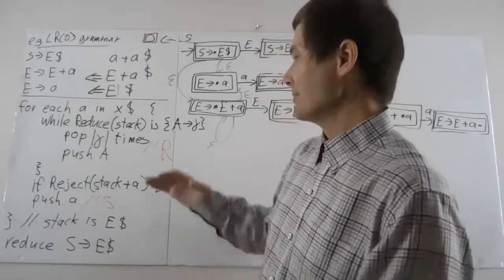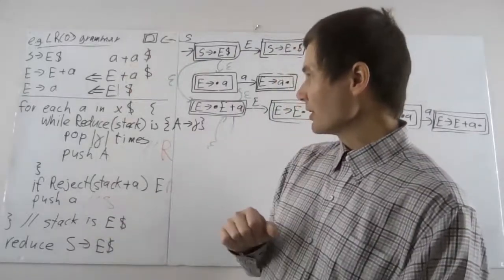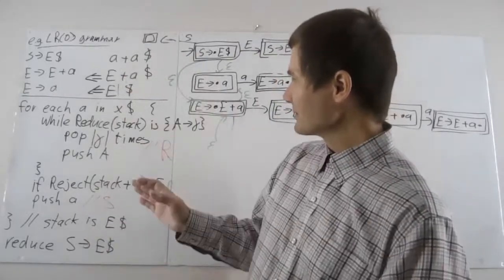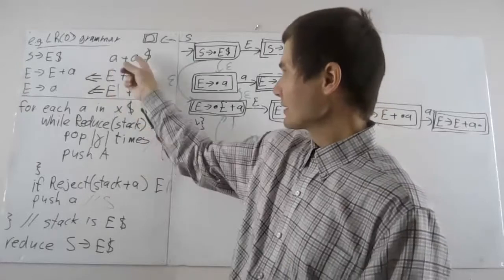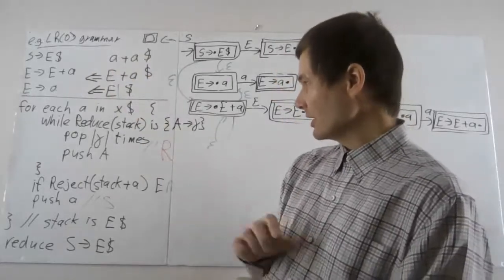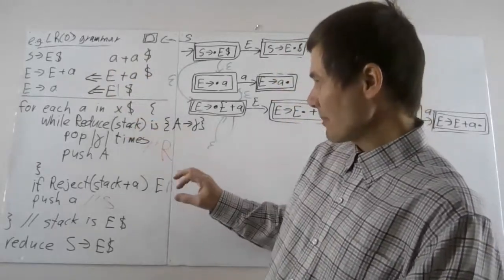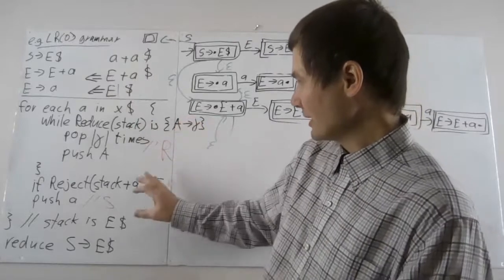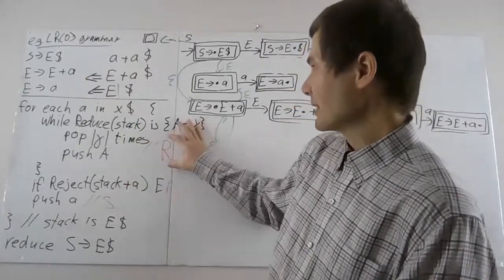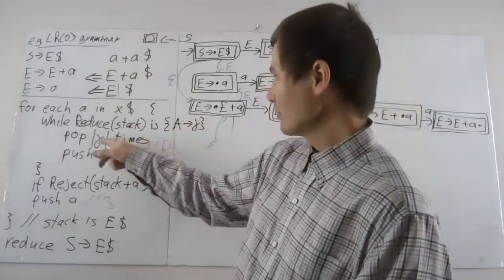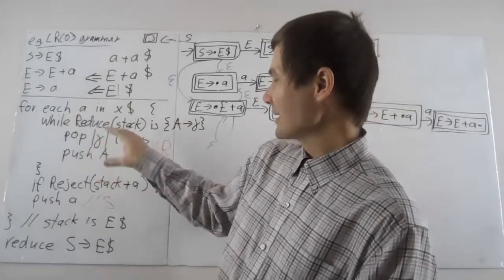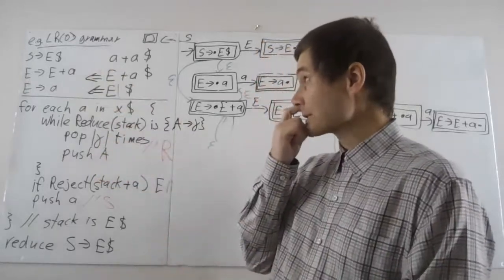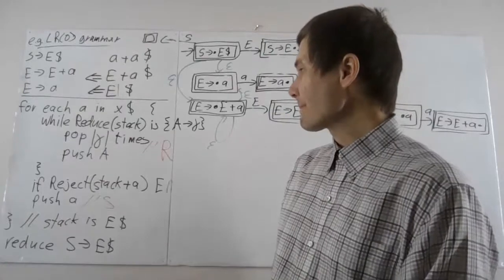All right. And so this was the overall algorithm. We were using a stack to hold the current step in the derivation. And there were two main operations, reducing and shifting. Reducing is where you pop gamma and push A. So that's where you apply one of these rules in reverse.